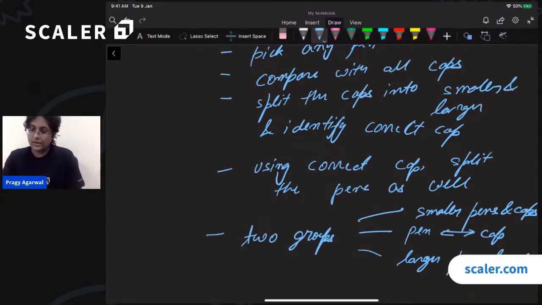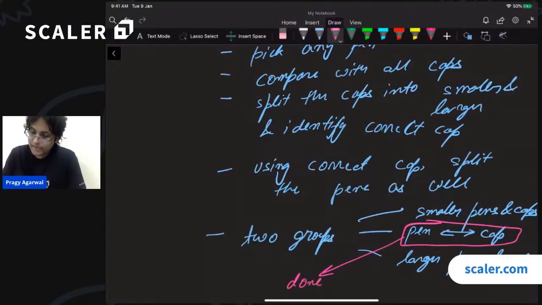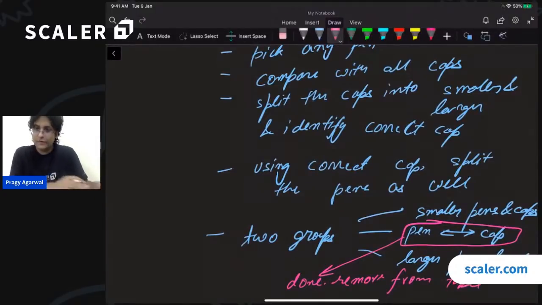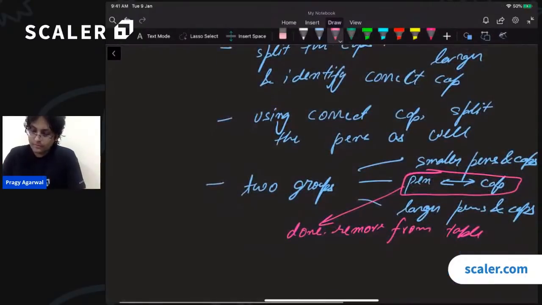So what am I going to do with this? I'm going to take this off from the table. This is already done, so these get removed from the table. What about the other two? I will repeat this procedure for the other two groups. So how do I repeat this procedure?